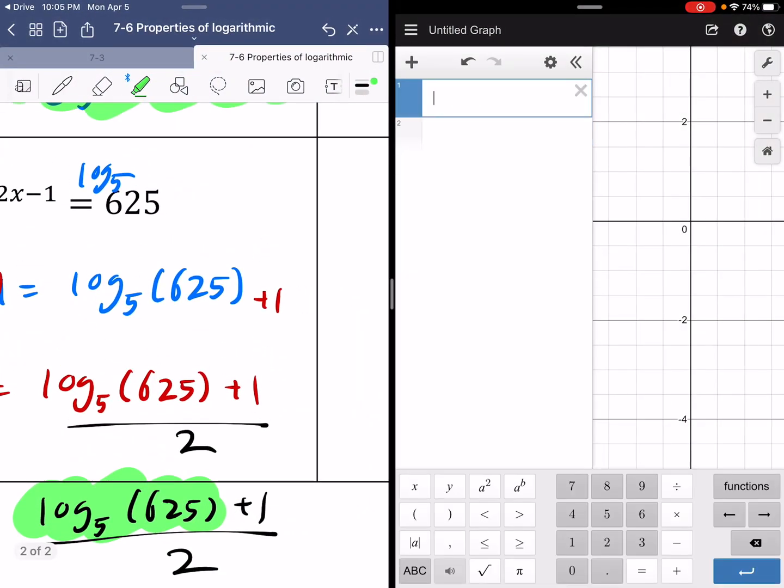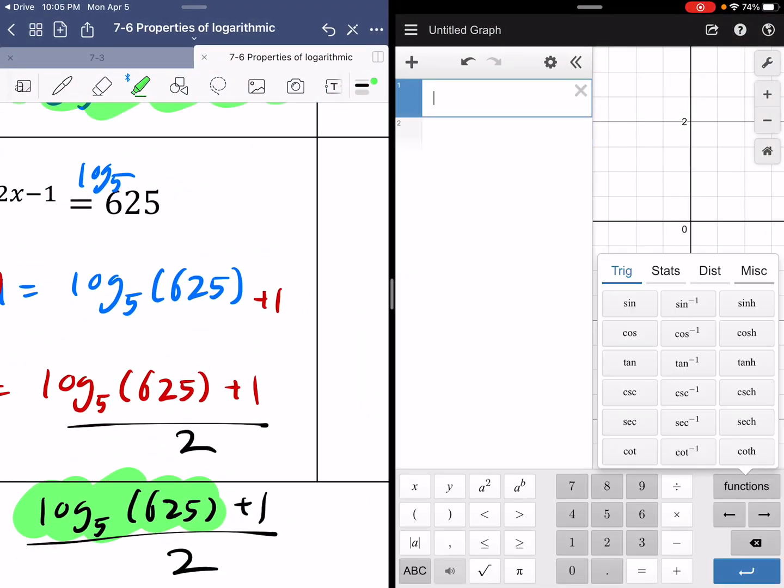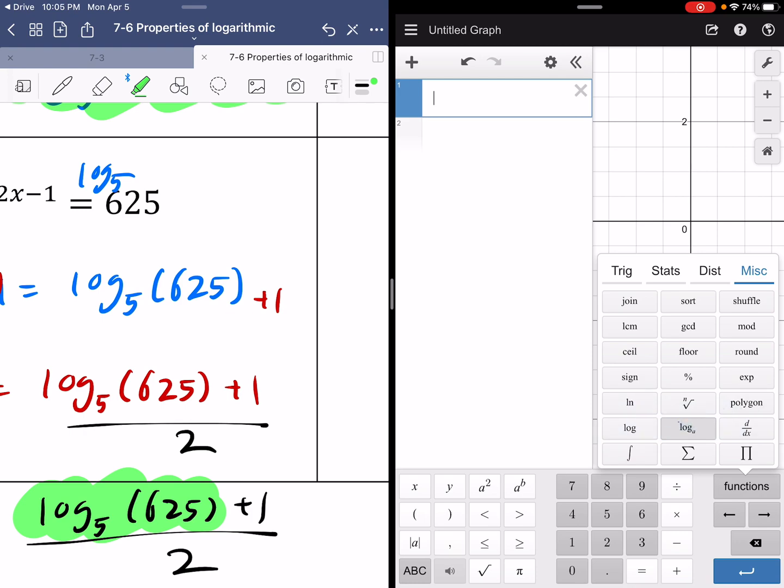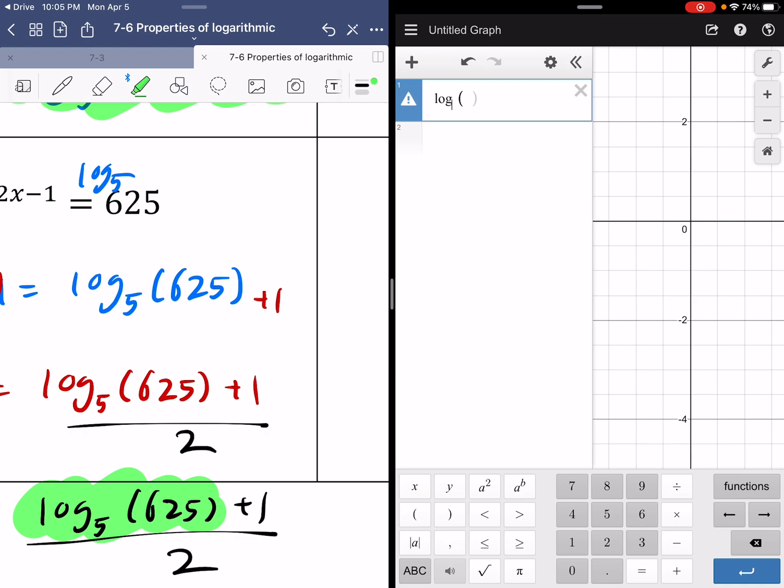So here, you've got to go to function. Here, you're going to see log a here, second one, okay, this one. If you click it, here you're going to put base 5, and you're going to put 625. Do you see you're going to get 4 here? And if you do plus 1, you're going to get 5. And 5 divided by 2 is equal to 2.5.